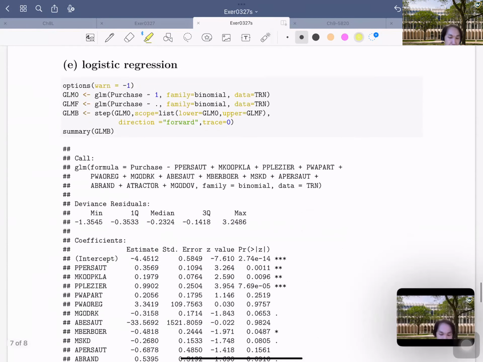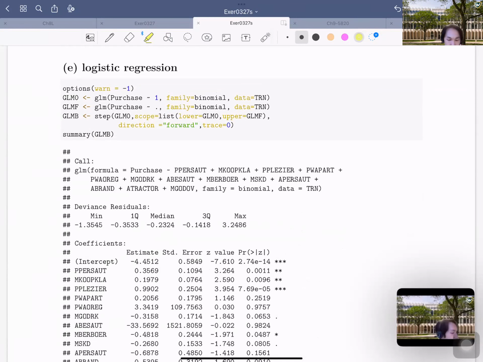And this is logistic regression. And when I fit the logistic regression, I have severe overfitting, an almost perfect model appears first. In such a case, the AIC does not work well. So I decided to use forward selection. For forward selection, we have the starting model and the range of the model.